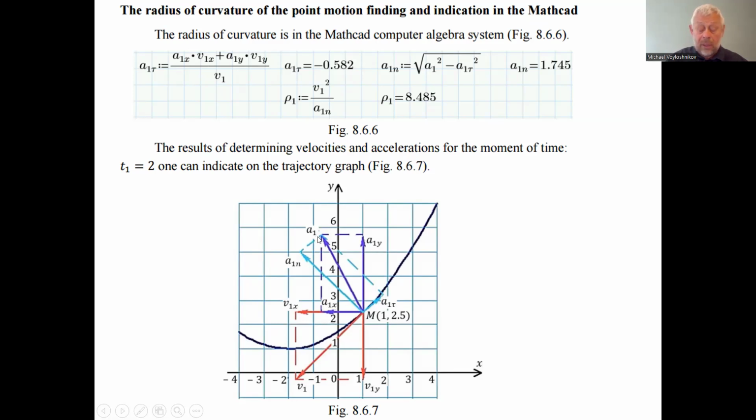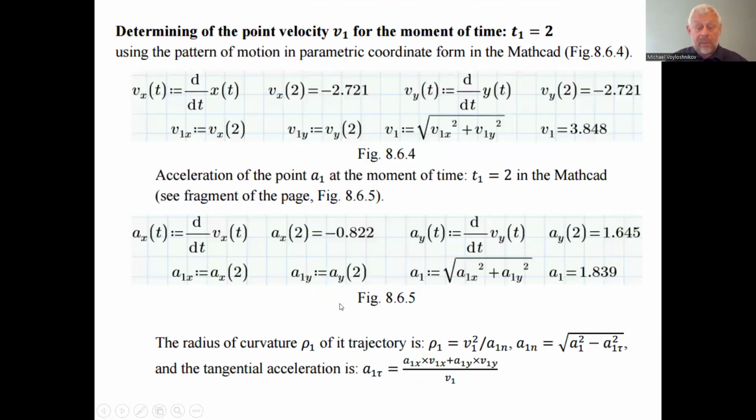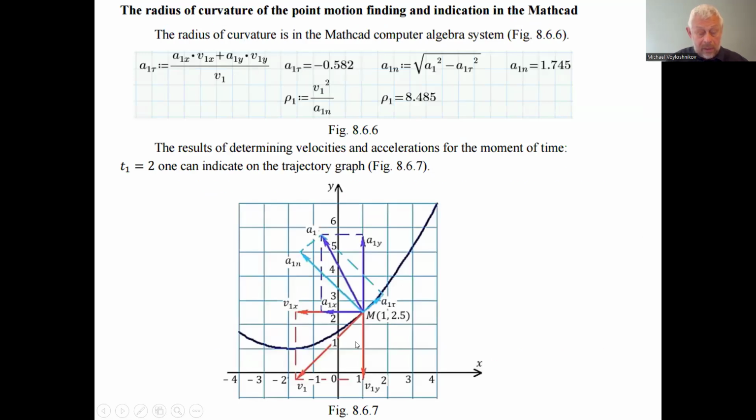Next, we got previously the projections of the acceleration. So, okay. This one has a negative magnitude of the projection, this one is positive. Okay. This is the total, and this is in the moving coordinate system associated with the point.